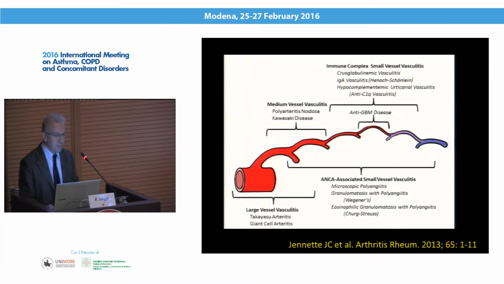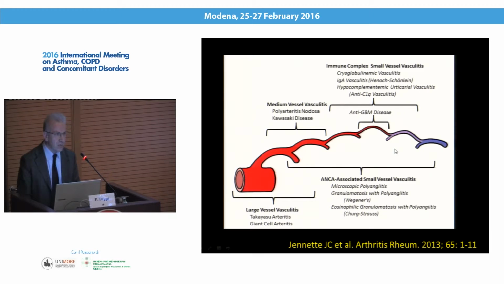Vasculitis are a big group of diseases, reclassified in 2012, and they can be defined as inflammatory diseases of the vessel wall. We can distinguish large vessel vasculitis, medium vessel vasculitis, and small vessel vasculitis.